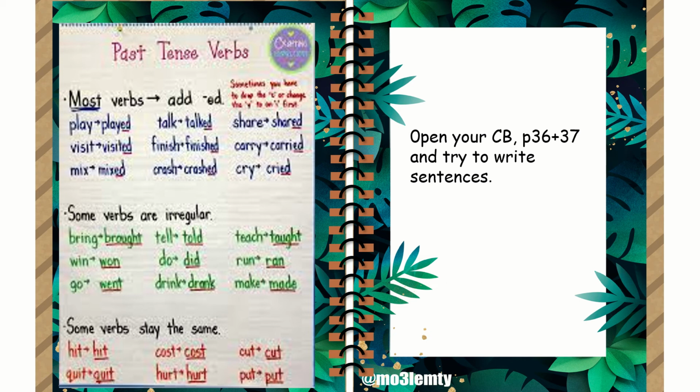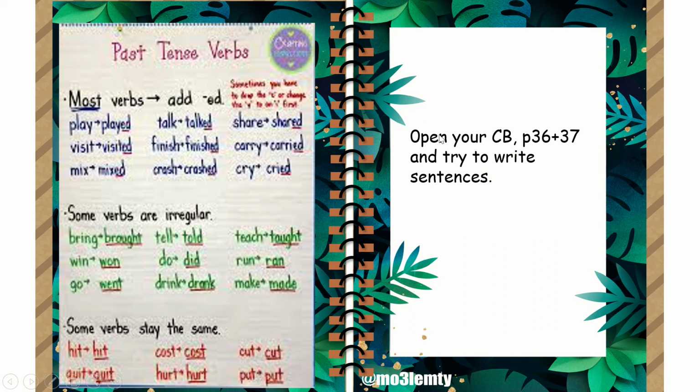Okay? So we have three kinds of verbs. We have regular, irregular, and verbs that stay the same. Today we are going to focus on this only, the regular verbs, the verbs that we add only ed, okay?